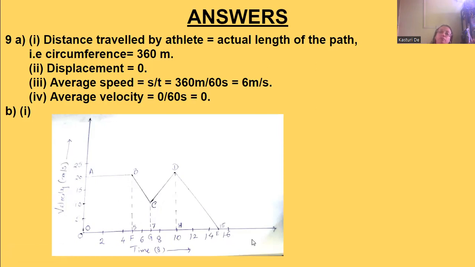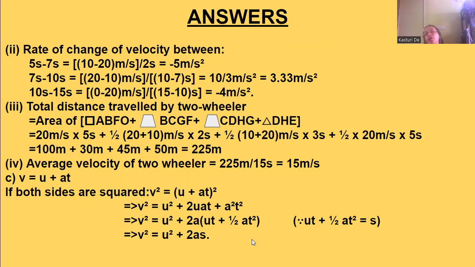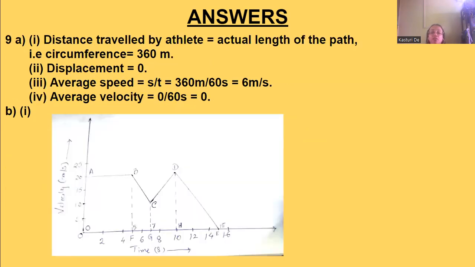Next, what is the rate of change of velocity between 5 to 7 seconds? From 5 to 7 seconds, the velocity went from 20 to 10 meters per second. So the final velocity is 10 and the initial velocity was 20.